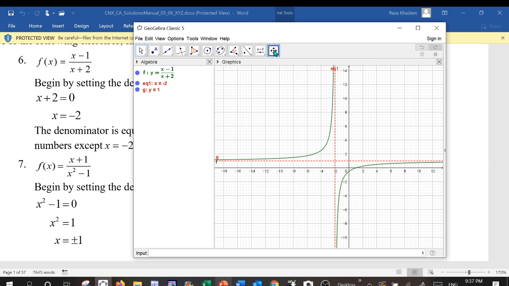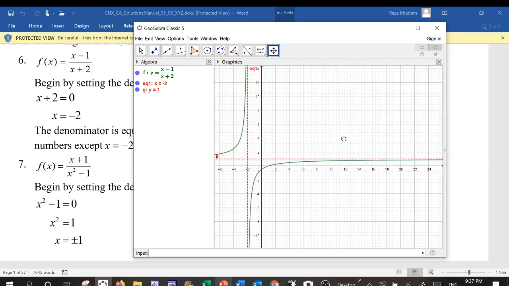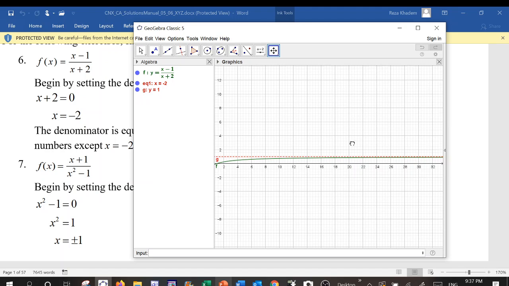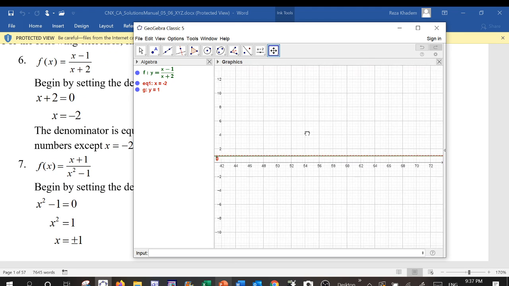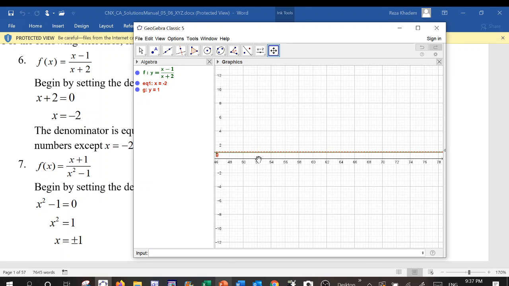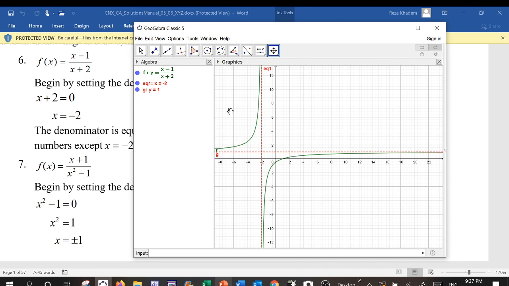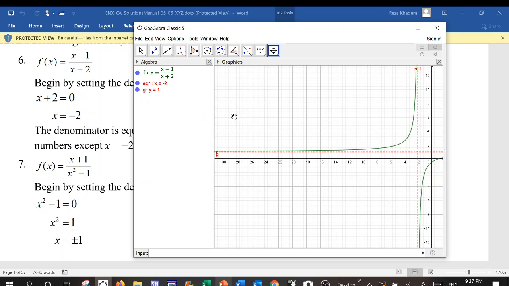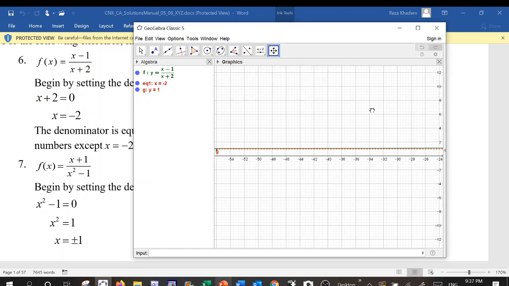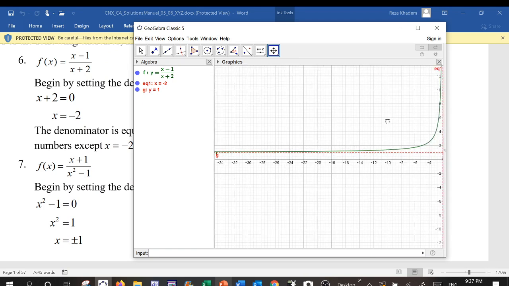But here what I want you to see, if I go to the right to infinity, you see what happens? Well, this is approaching this line, and it gets closer and closer. And if you go to the left, the same thing happens. You see that? It gets closer and closer to that line, okay?